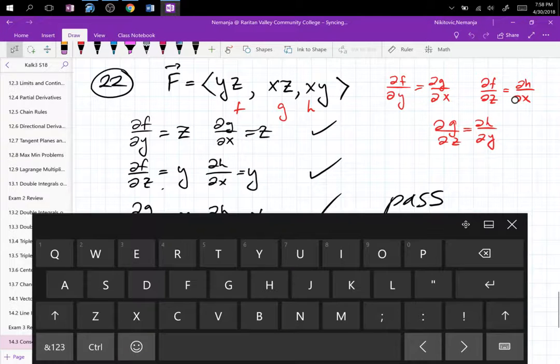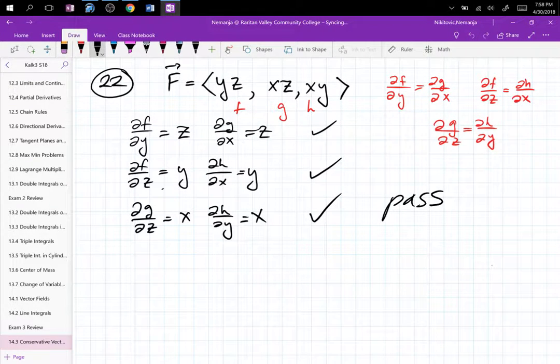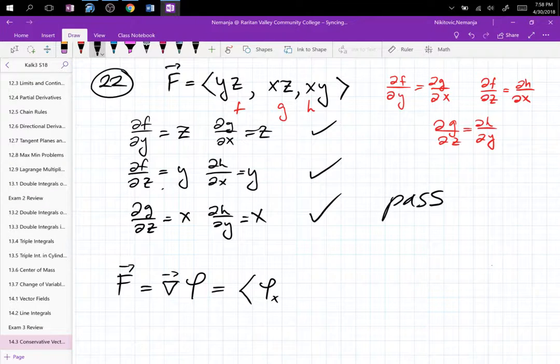That means that my vector field F is actually del of phi, which is the vector of partial derivatives.